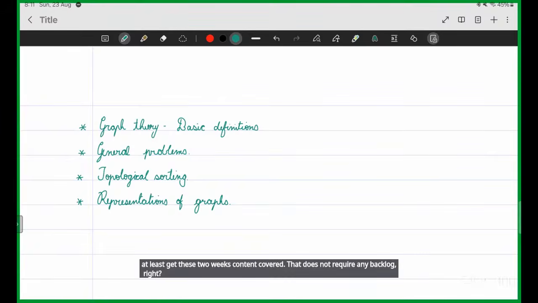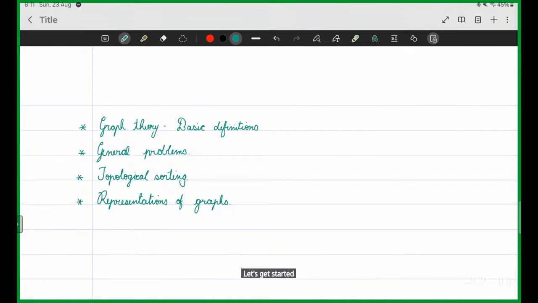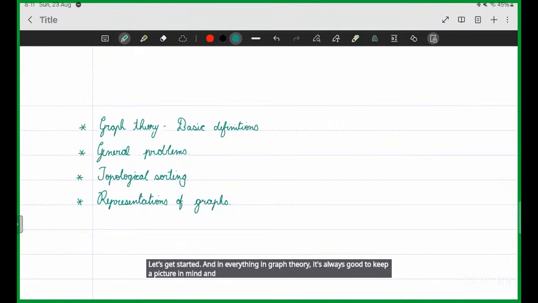So let's get started. In everything in graph theory, it's always good to keep a picture in mind and work through with the picture rather than just look at the mathematical definition.